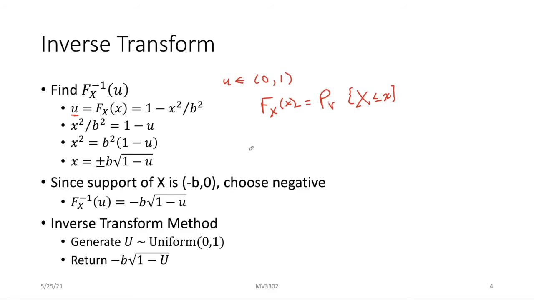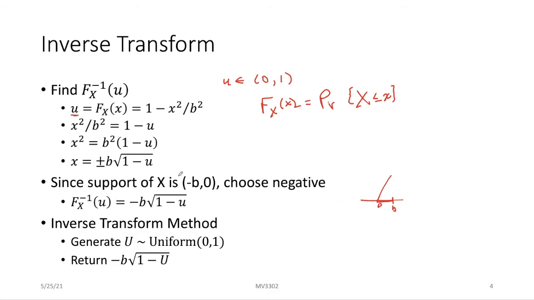If you remember yesterday, for the situation where we were like this, we chose the positive root because the support of the random variable, or the possible values that could be generated, were always positive.